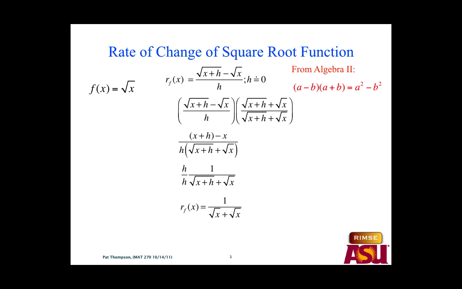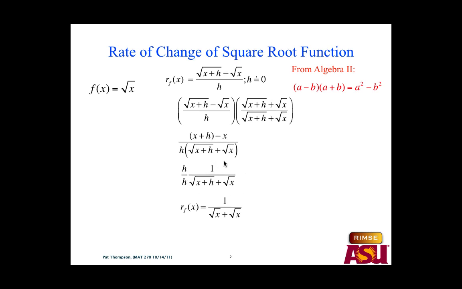1 over square root of x plus h plus square root of x, which, if we imagine h becoming essentially 0, so this part, if that's reduced out, that factor of h, and I imagine h becoming 0, it's no longer an issue of, oh, it's almost 0 divided by almost 0.